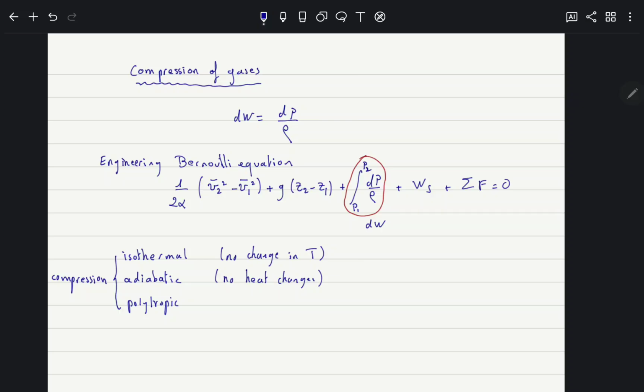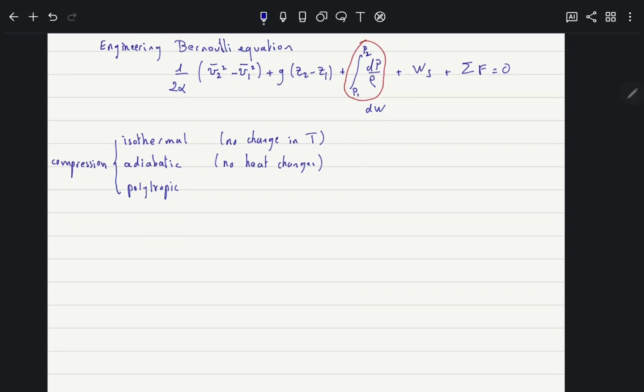So let's get started with the isothermal compression. Let's label it as A, isothermal compression. We're first going to recall the law of the ideal gases, PV equals nRT.